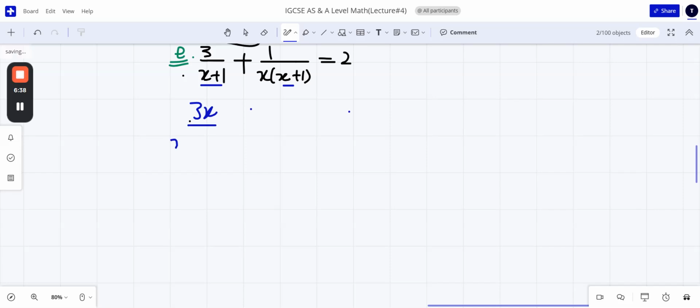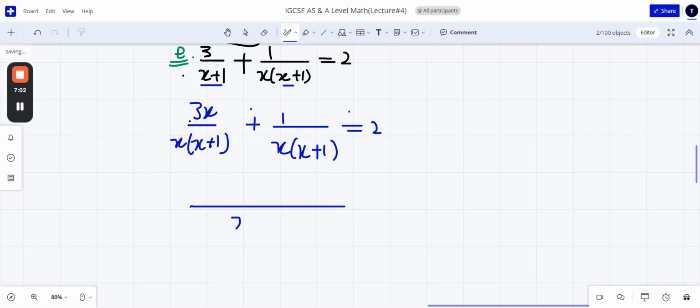So 3x divided by x into x plus 1, and then plus 1 over x into x plus 1 will remain the same, equals to 2. Now we will take LCM. So x into x plus 1 is the LCM. The numerators we will just bring down: 3x plus 1 equals to 2.